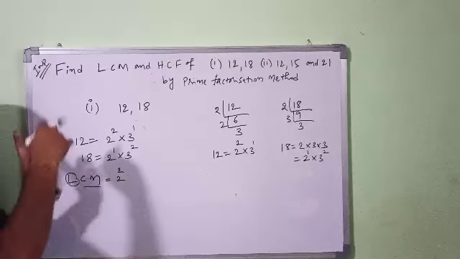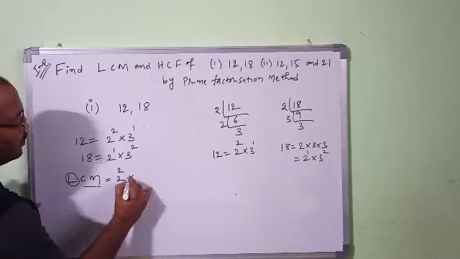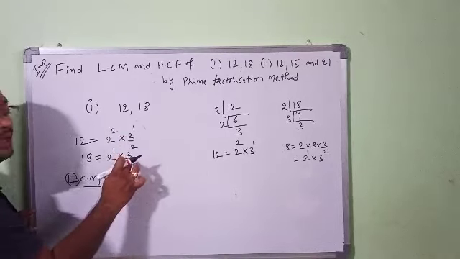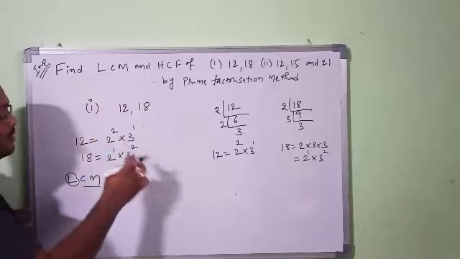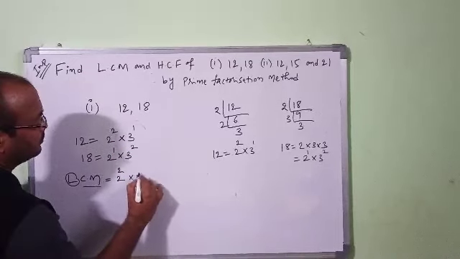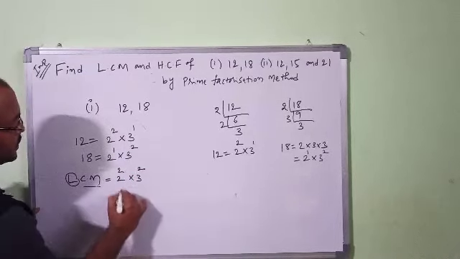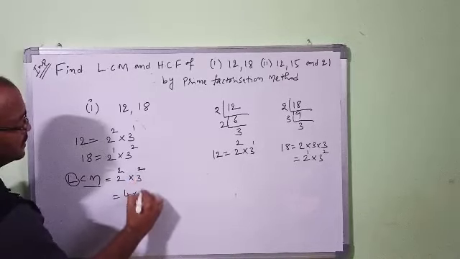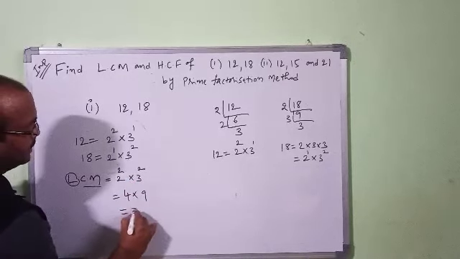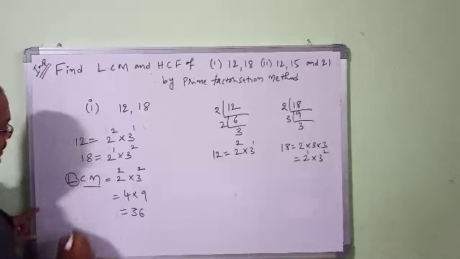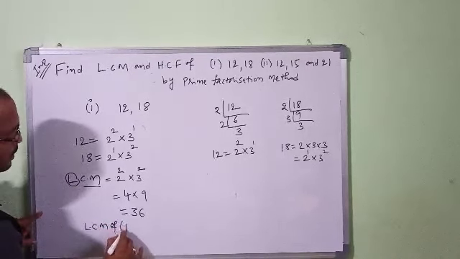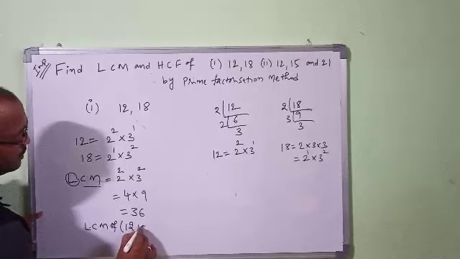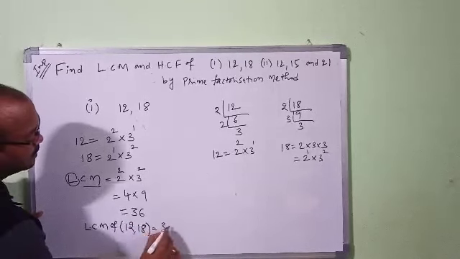Similarly for the common factor 3, we have 3 power 1 and 3 square, and we take the highest, 3 square. So 2 square is 4, 3 square is 9, 4 nines are 36. This is the LCM of 12, 18, which is equal to 36.